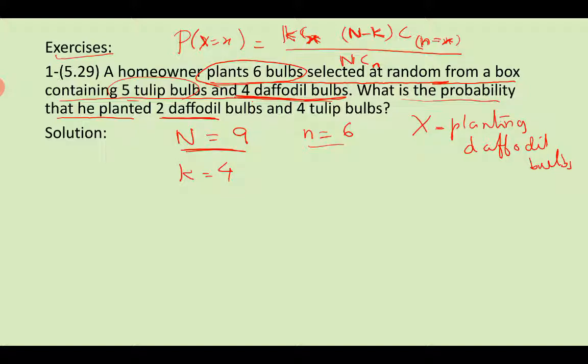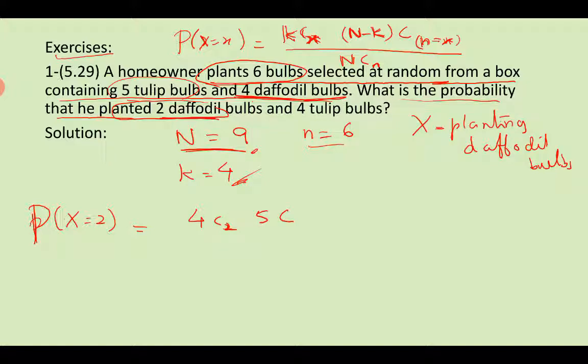Okay, we got 3 pieces of information: capital N, small n, and K. We can go ahead with the hypergeometric distribution if you are given some x values. The question is, what is the probability for x equal to 2 daffodil? Probability of X equal to 2 for the hypergeometric distribution is K C x, which is 4 C 2, into N minus K. What is N minus K?